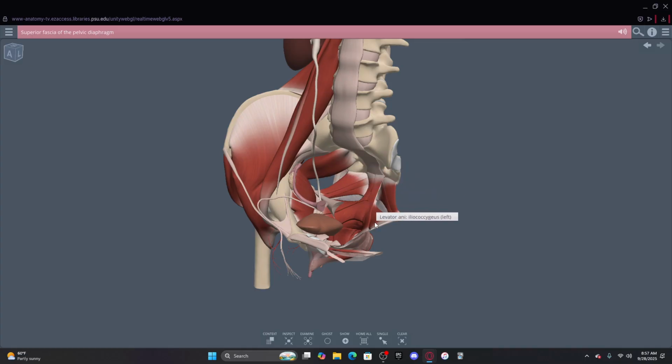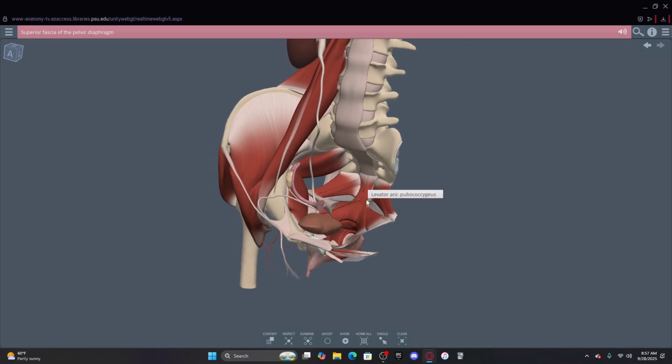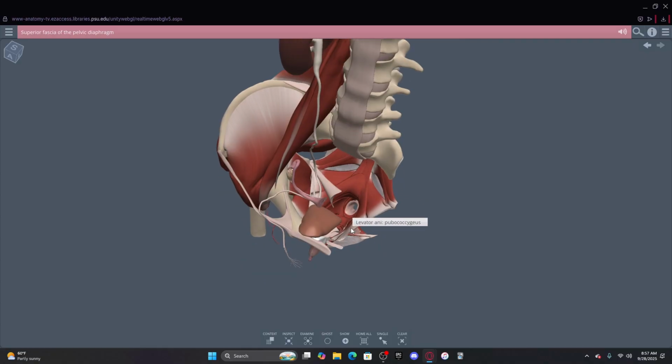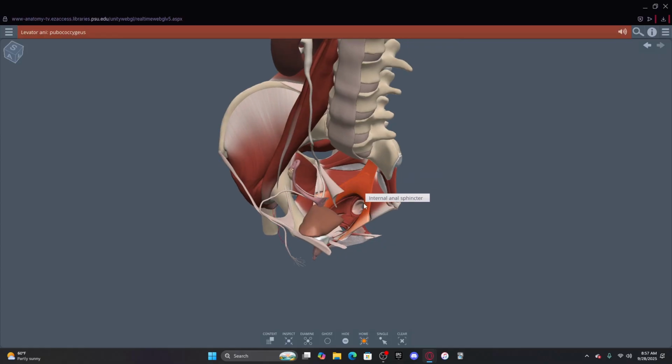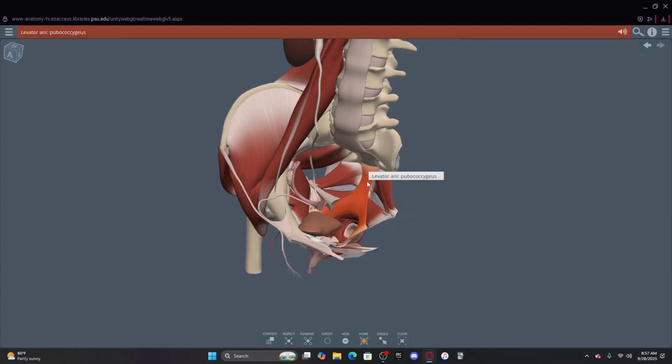And then lower than that, the muscle that's raising the rectum, we have levator ani. This is all levator ani. If I were to click on it, this is levator ani. So I'm gonna press both of them just so that we can see the extent of all of the muscles.